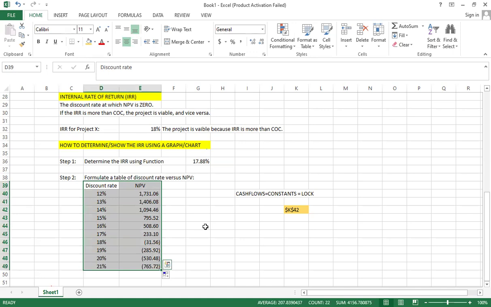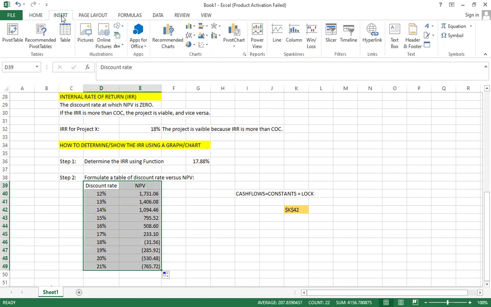Now, once you have highlighted it that way, up here, I want you to come up here and click on insert. Graphs are normally under insert. So click on insert up there. Graphs are normally somewhere in the middle.